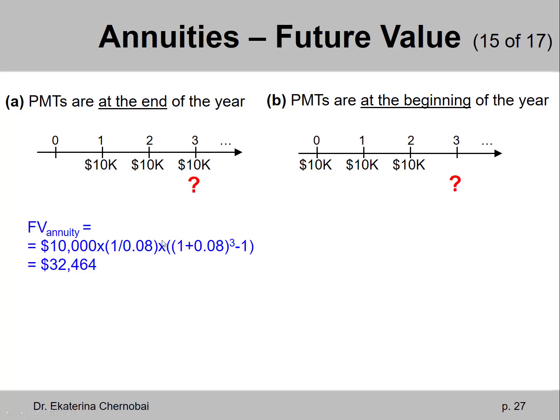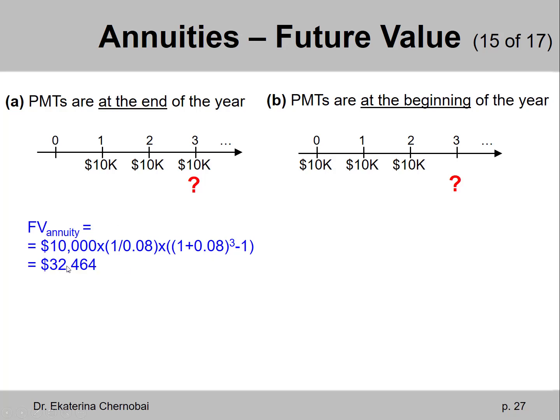Following the standard formula that we had many times, you would use 8% for the interest rate per year, which is given, and 3 for the power in the formula. And 3 indicates how many repeated cash flows we have. So we are making 3 deposits, and that's going to be the power in the annuity future value formula.